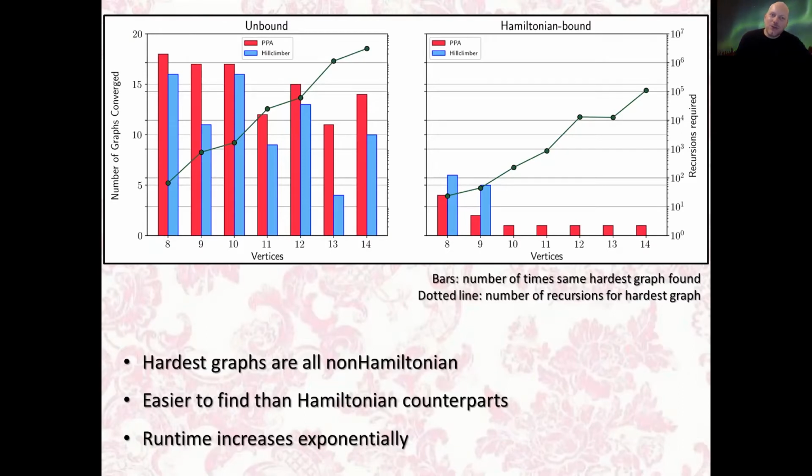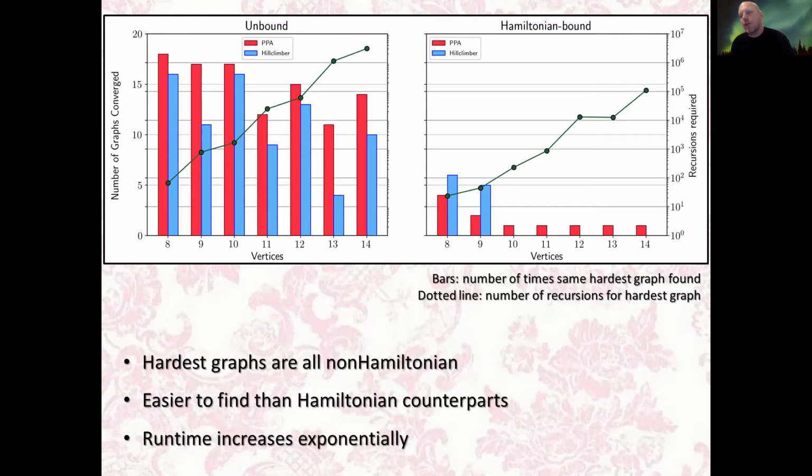So it would appear that these graphs are actually the hardest for the exact algorithm that we used, because these are all independent graphs. But the remarkable thing is that for the Hamiltonian bound experiment, in which the graphs needed to have a Hamiltonian cycle, remember, the unbound experiments were all non-Hamiltonian instances in the end, not because we programmed it, but that's just how it turned out.